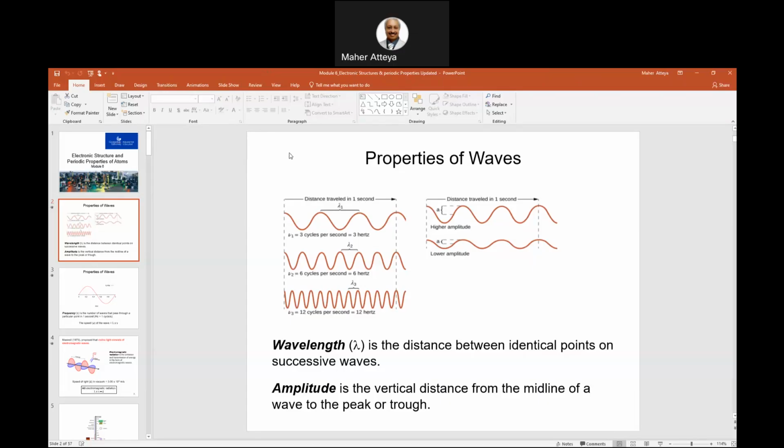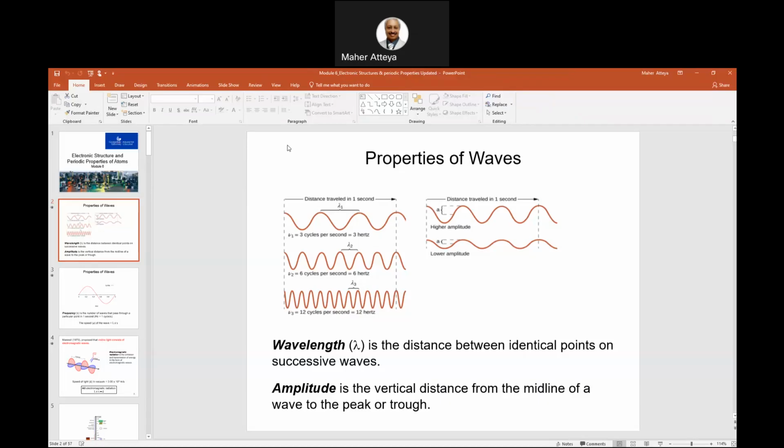So a wave is characterized with three things. Any physical wave: by wavelength, by amplitude, by frequency. Everybody has taken physics? High school physics? You remember what a wave is characterized with? Well, if I say wave, then I speak about three things.